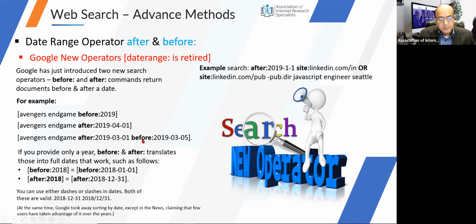It could come in the same query in the same sequence as you see right here. So after and before will give it a range. Anything that comes back to you in your search results related to Avengers Endgame will bring information from the dates that are in between after and before, as mentioned right here.